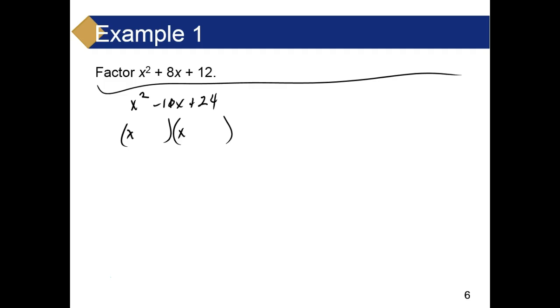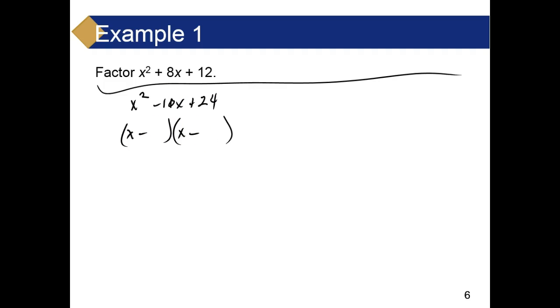What is it? Positive. That tells you that these two signs have to be the same. What are they going to be, plus or minus? Look at the middle term. Minus. So they both have to be minuses. Both have to be the same because it's a plus at the end, and the middle term's minus.